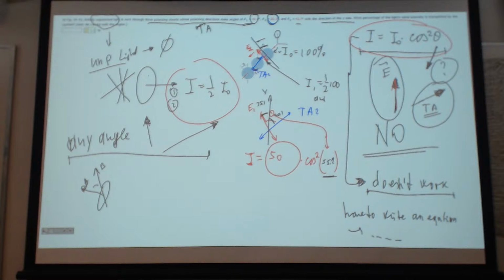And now we have to repeat the reasoning. This will be I2, the intensity after traveling through the second polarizer. This is what a polarizer does, it changes intensity, but also what does a polarizer do?